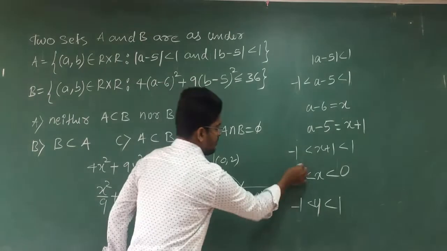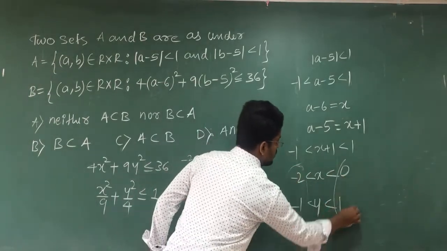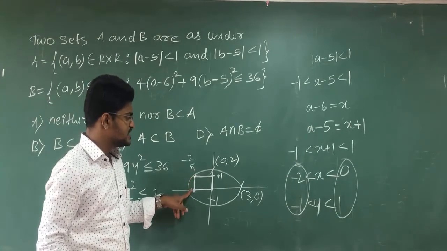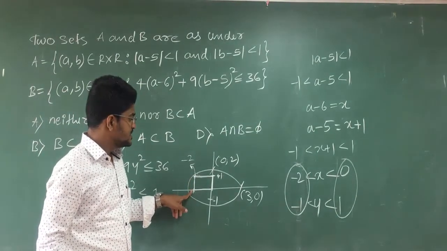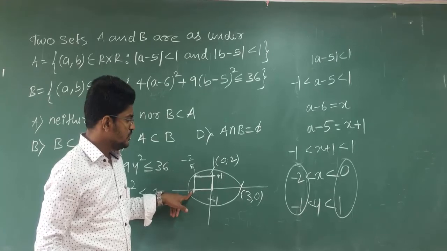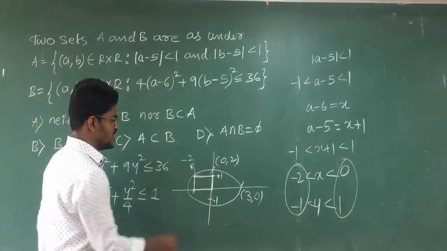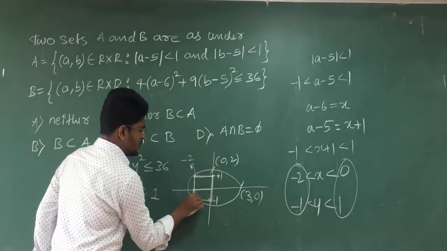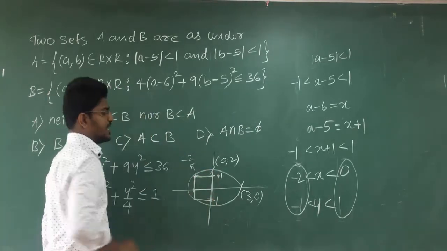Clear? I am making the graph of these two terms. X is minus 2, y is minus 1, that is this term. Clear? So you will have this particular rectangle.